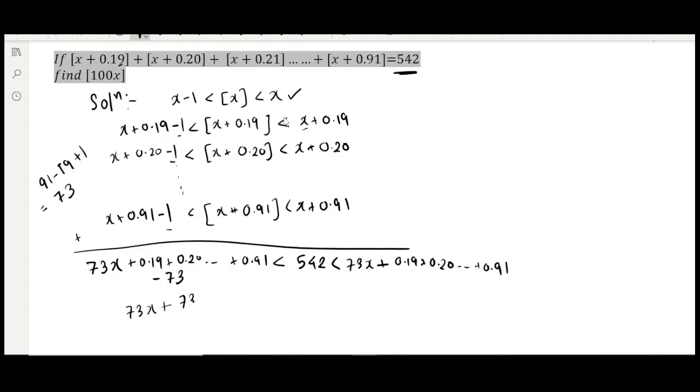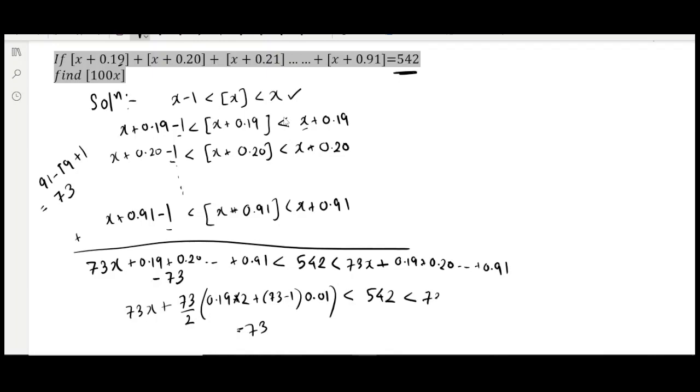There are 73 terms, so 73 by 2, into 2a, that is 2 into the first term 0.19, plus 73 minus 1 into d, where d is 0.01, minus 73, and that is less than 542.